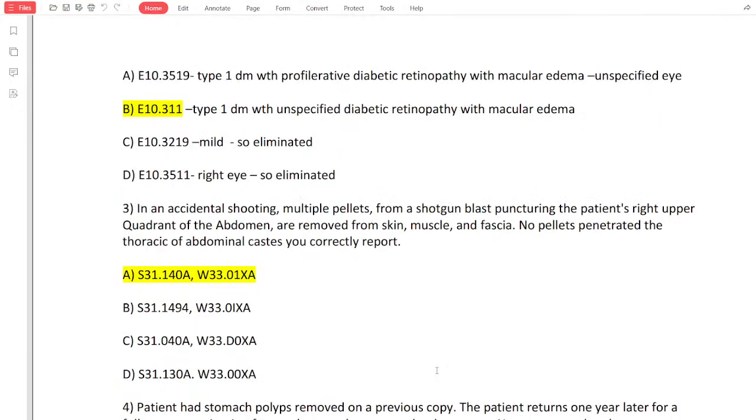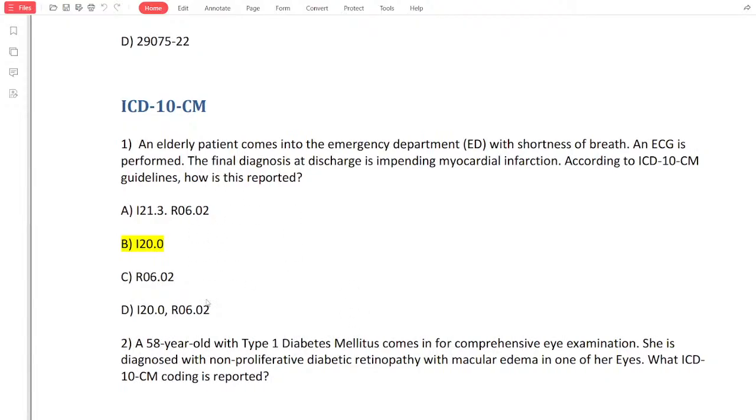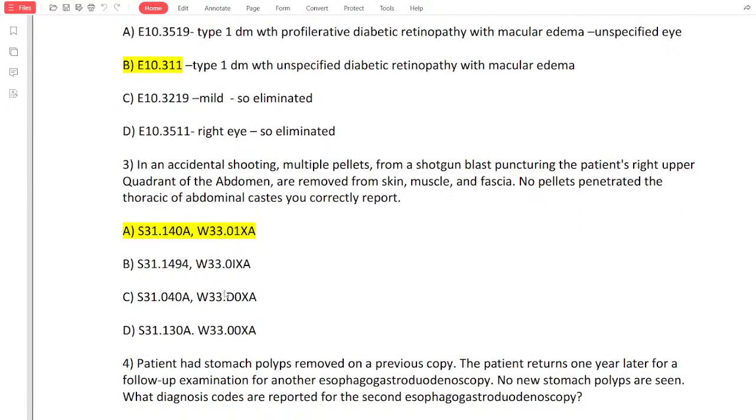Next is related to the S category. So, you guys who are ready to attend the CPC examination, this type of ICD-10 codes are most repeated. First of all, the I series they have in your question paper, the I series, the E series, the S series, and the Z series.